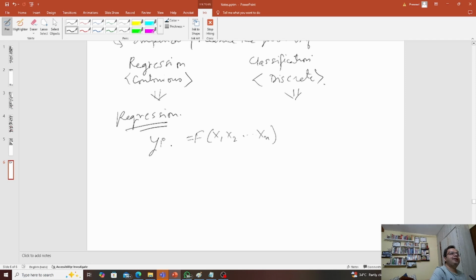When you run this on a test data set, you will also have the actual values of yi. So the first metric that we use is called MSE, mean squared error.